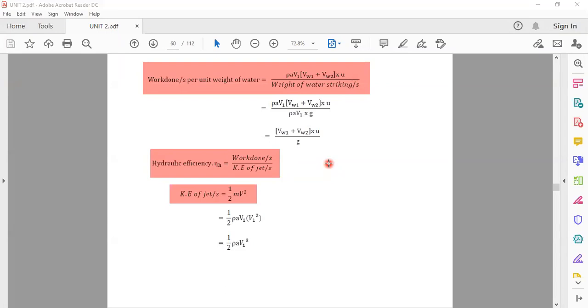The final after simplification is VW1 plus VW2 into U upon g. So hydraulic efficiency equal to work done per second per unit kinetic energy per second.